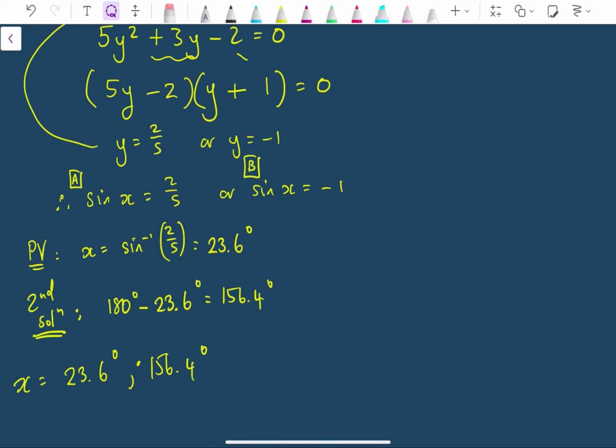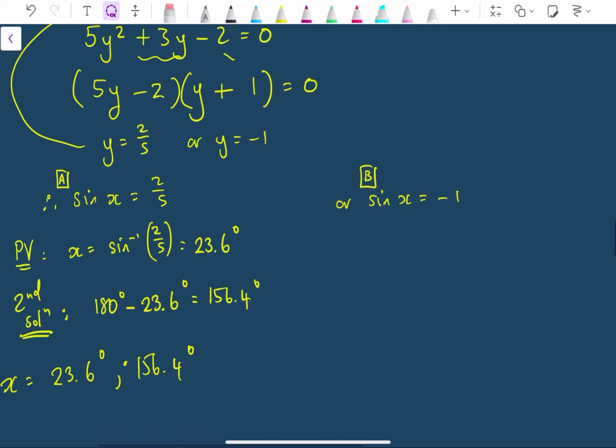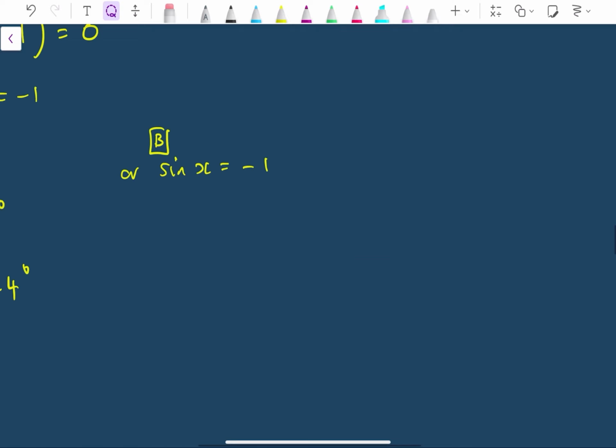If I now look at equation B, and I'm just going to move this over here, then what's nice is I have a value that's really easy to work out. So anytime I have -1, or I have 0, or I have 1, it's really a lot quicker just to think about the graph.